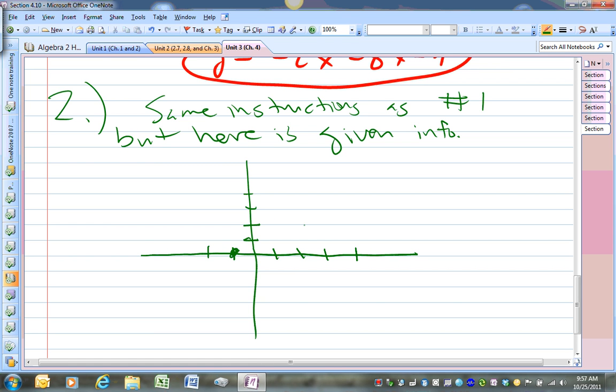So you have that. There we go. 3 comma 2, 4 comma 0. So you have -1, 4. Okay, that was the most ugliest parabola I've ever drawn in my entire life. I apologize. I promise I'll do better in number 3.